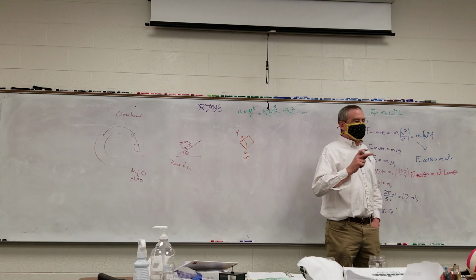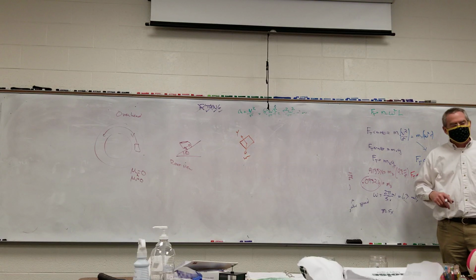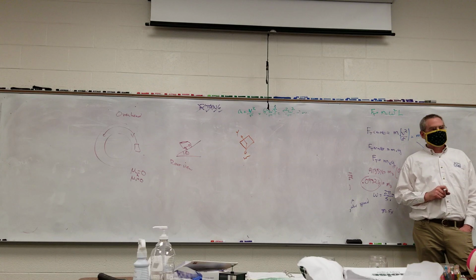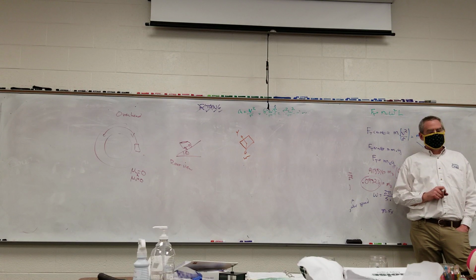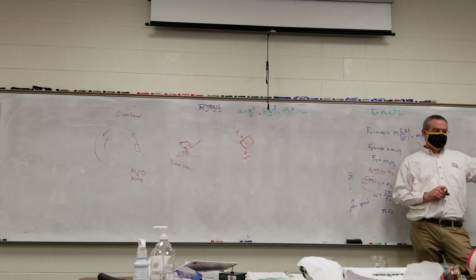The difference comes in the direction of acceleration. If it were box on ramp, the acceleration would be down the ramp. What is the direction of acceleration now? Is it gonna be up the ramp? I hope not. This will be towards the center.